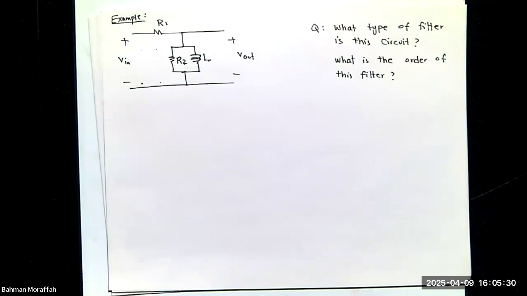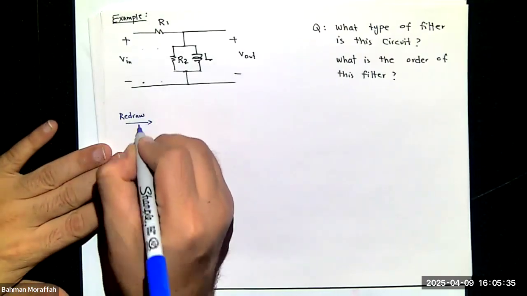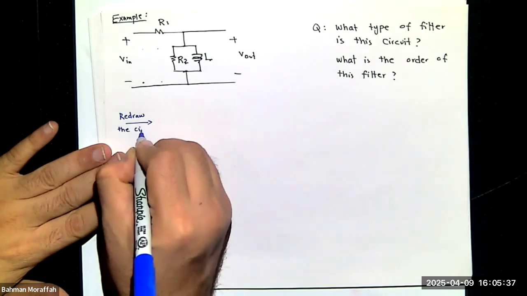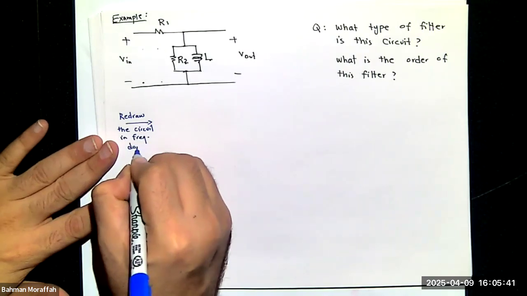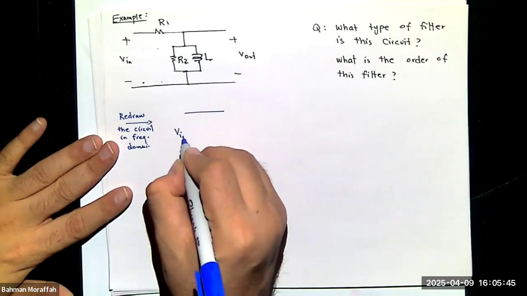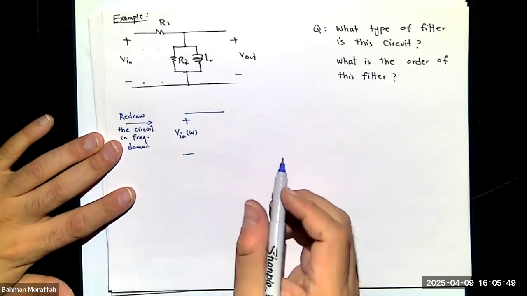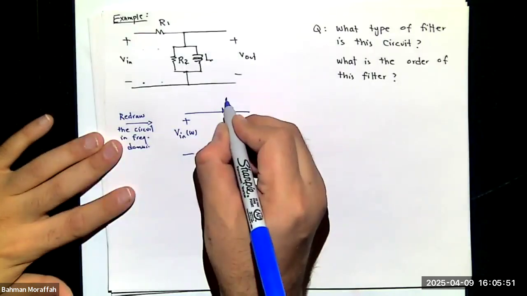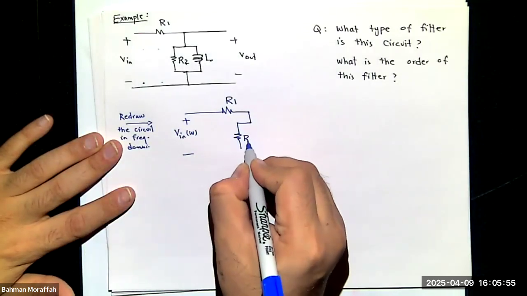So to be able to do that, we're going to redraw the circuit in the frequency domain. Well, the input goes to the frequency domain. R1 remains the same. R2 remains the same.